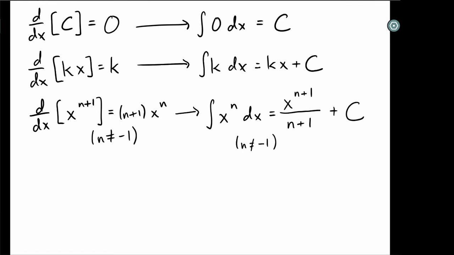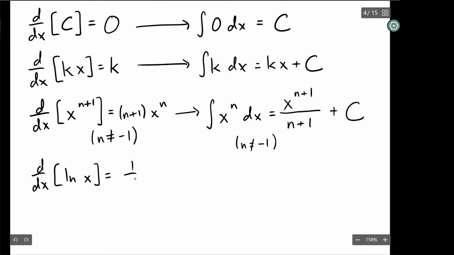Do we know a function whose derivative is x to the -1? Well, we do. If we think about the derivative of ln of x, this is 1 over x. And so that means the integral of 1 over x dx is actually going to be ln x plus c.